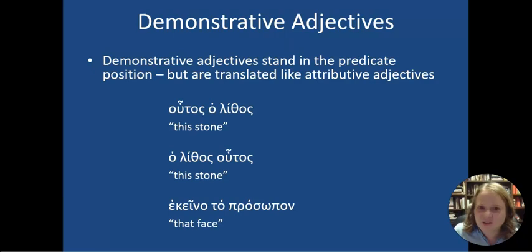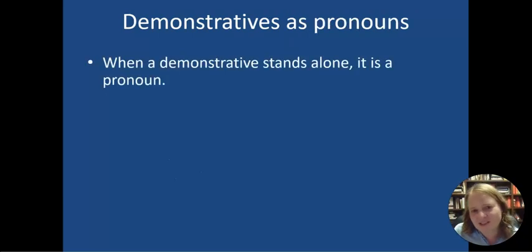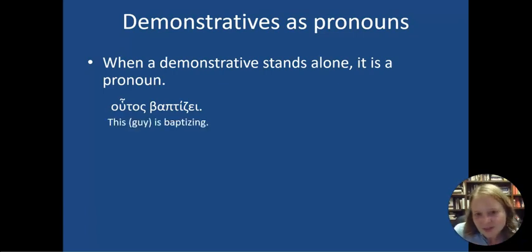Okay, if that's true, then as pronouns, it just stands alone. And so when there's not a noun nearby, houtos baptizei, who baptizes? This one, or this guy. This guy is baptizing. There's no nouns. And so there's nothing else for it to do but to be a pronoun.